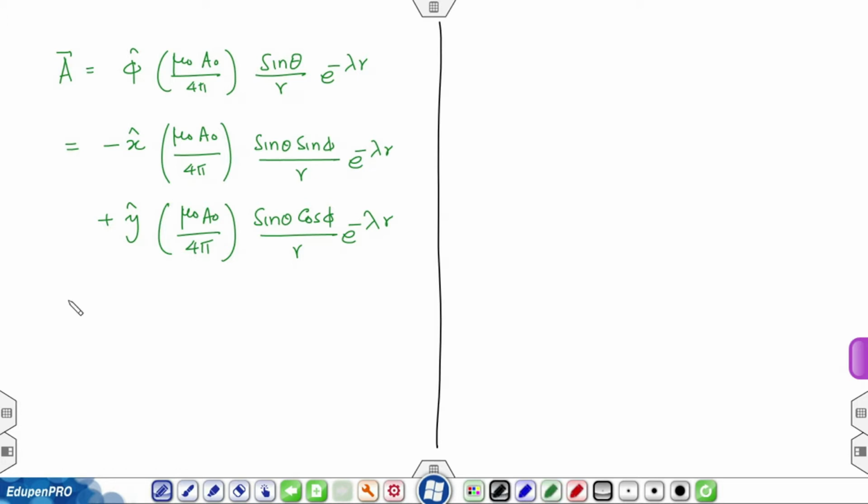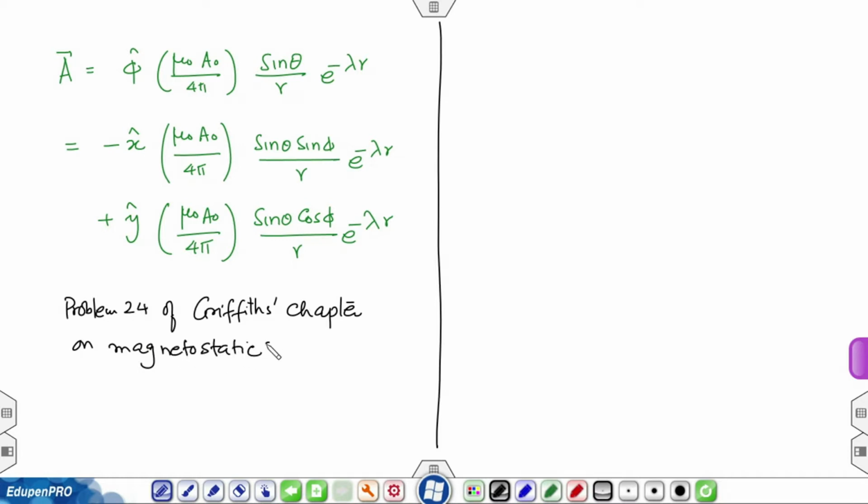So, this is problem 24 of Griffiths' book, chapter on magnetostatics, where he wants you to find J for vector potential A equals k phi. So, if you play with this problem, you will see exactly what I am doing here.